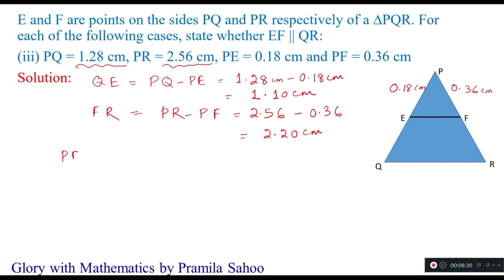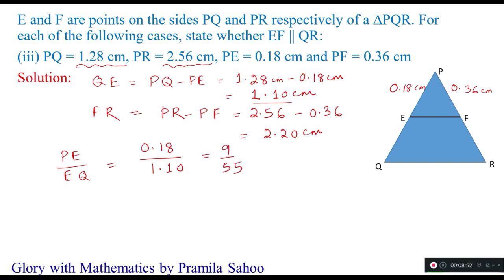PE by EQ is equal to PE, which is 0.18, by QE, which is 1.1. So this is equal to 9 by 55.